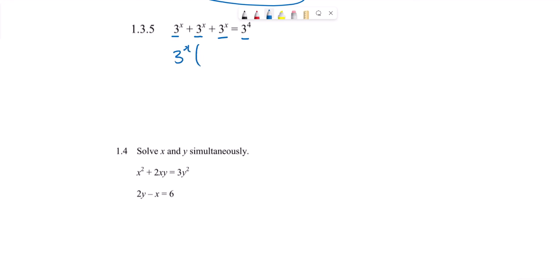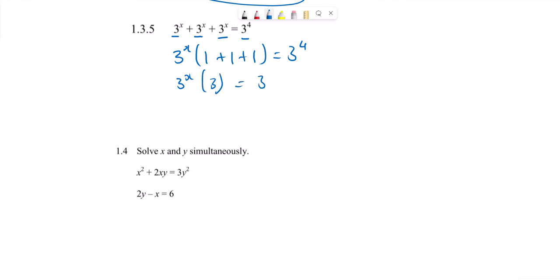So 3 to the x times (1 plus 1 plus 1) is the same as 3 to the 4.